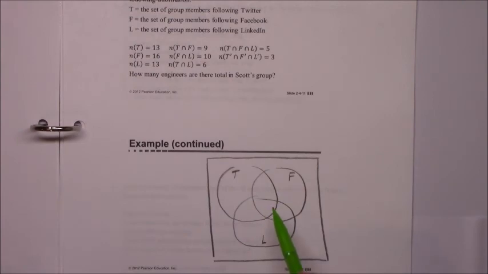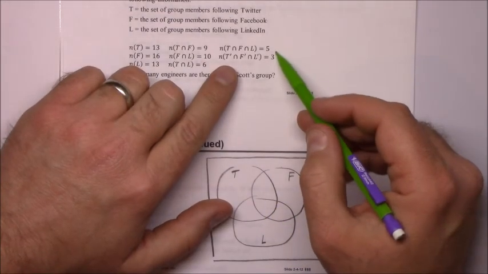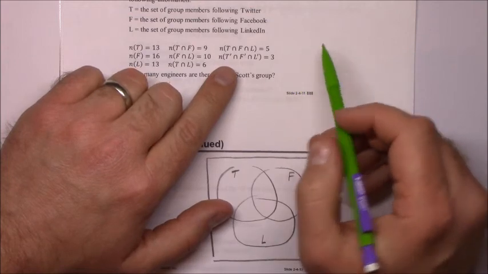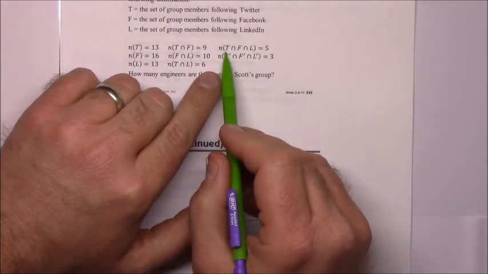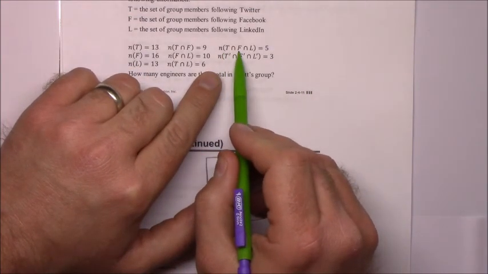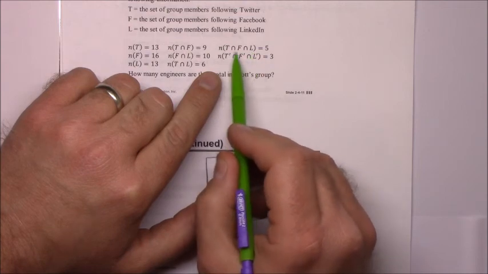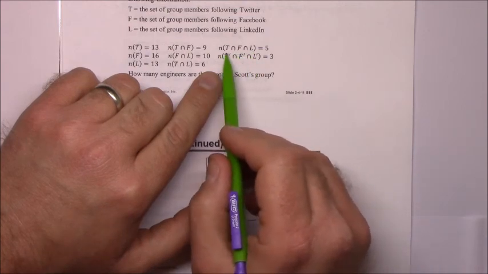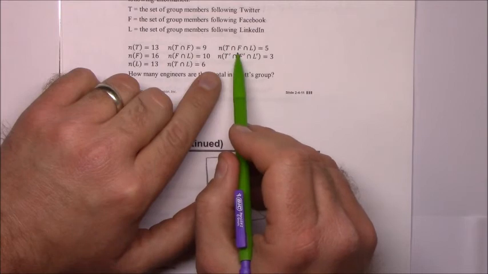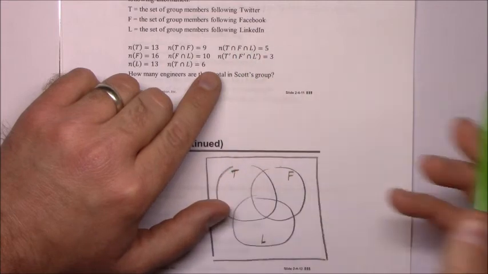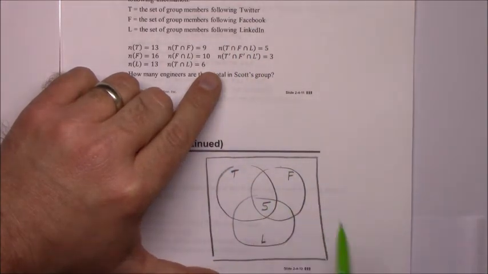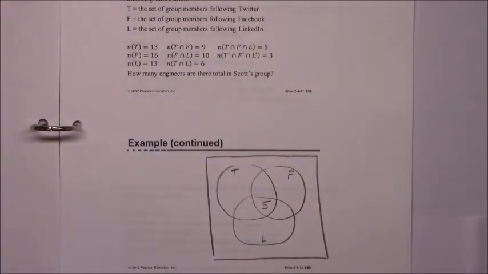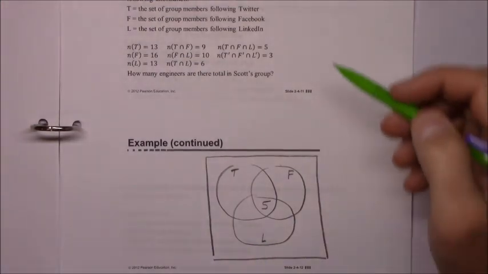So what we want to do is start with this most specific information. Notice N of T intersect F intersect L. When you see all of those symbols, you should be thinking Twitter and Facebook and LinkedIn. There's 5 individuals. So that's right smack dab in the center of our diagram.